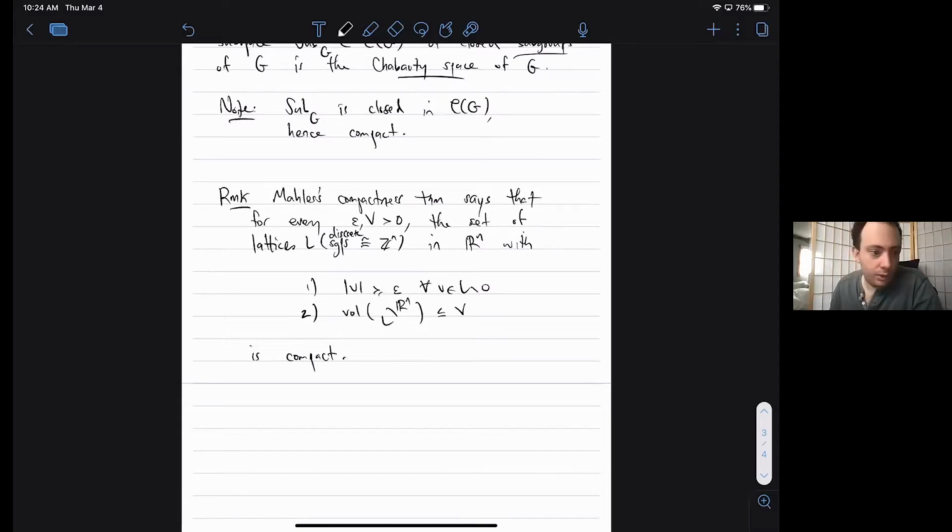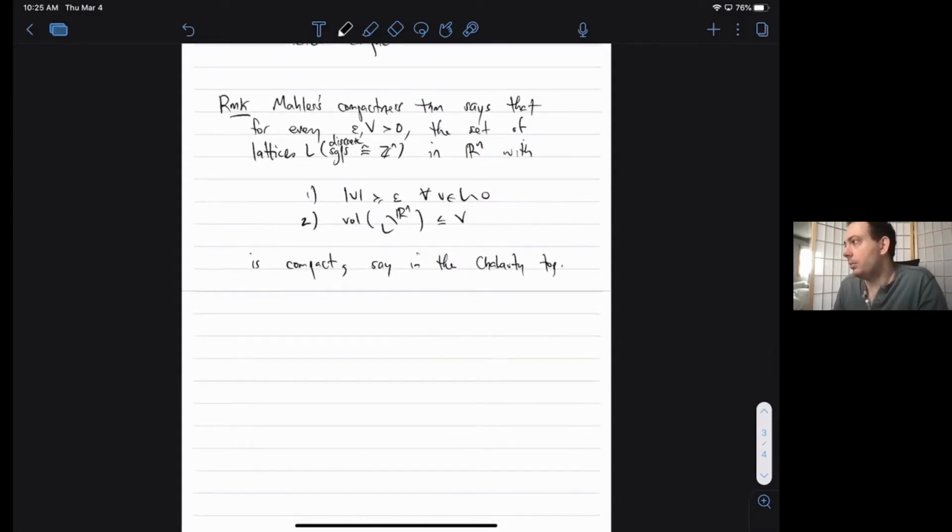And what does compact mean? I could just say in the Chabauty topology, but when you're just looking at lattices in R^n, you can define convergence without explicitly mentioning the Chabauty topology, as we did before. Convergence of lattices to another lattice just means you can pick a basis for the lattice where these bases converge to the limit basis.